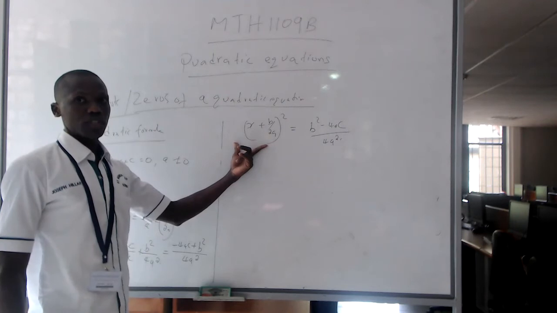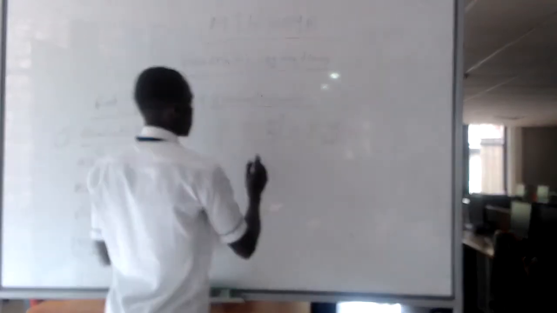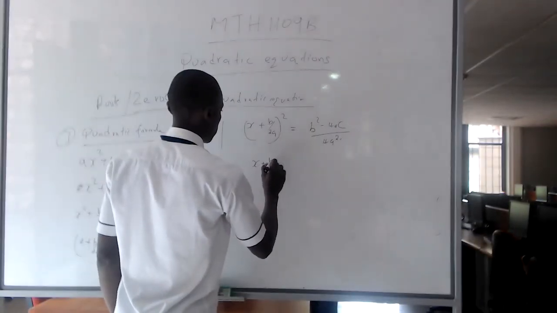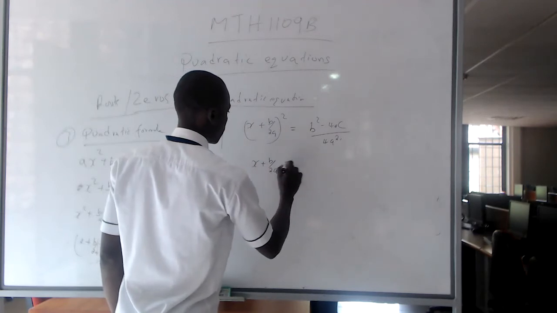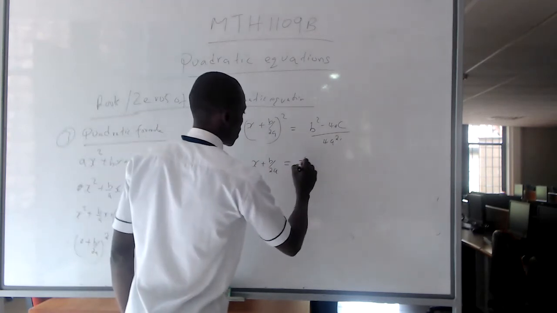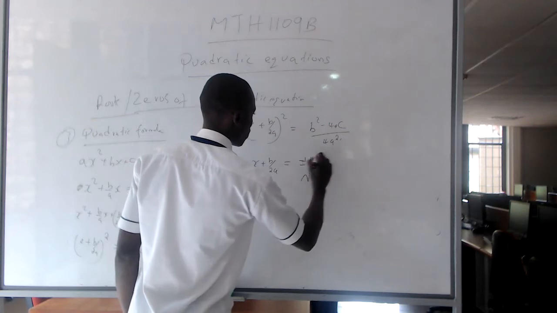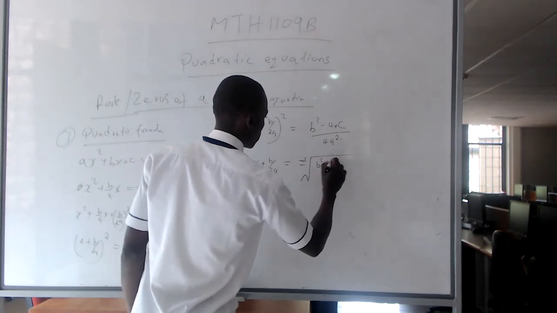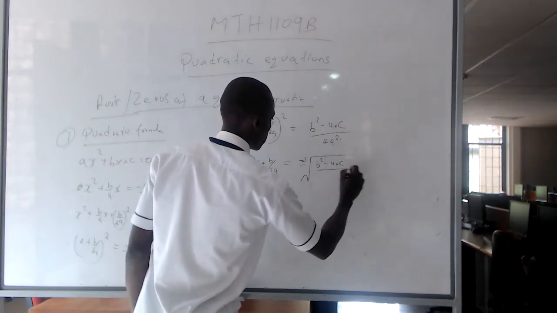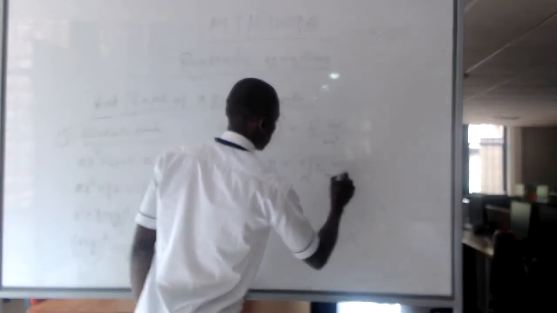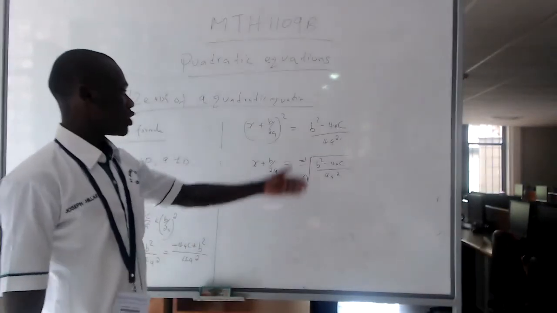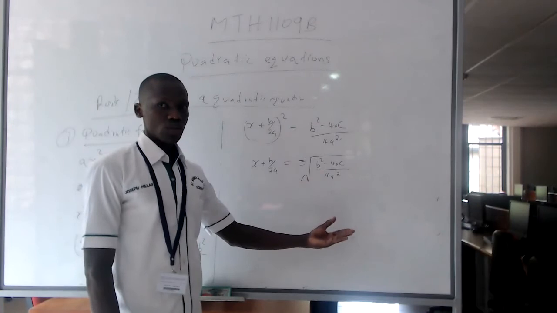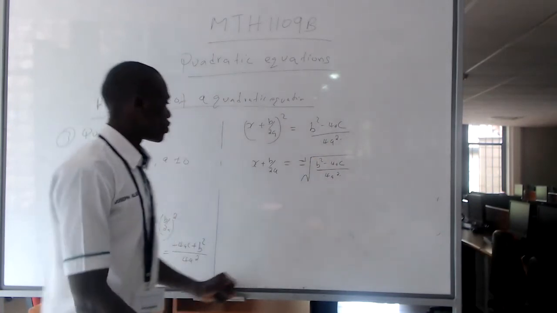So to solve, find the square root of both sides. The square root of the left hand side is x plus b divided by 2a. On the right hand side, we have plus or minus the square root of b squared minus 4ac divided by 4a squared. We know that the square root of a fraction is simply the fraction of the square roots of what is inside.